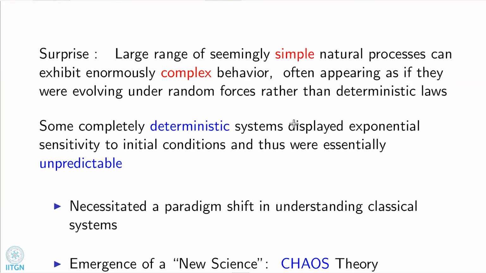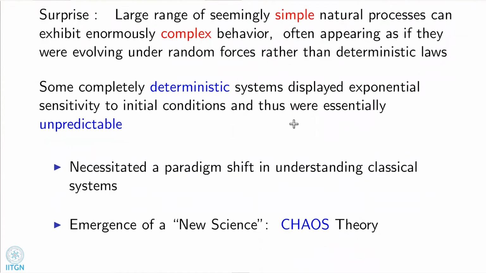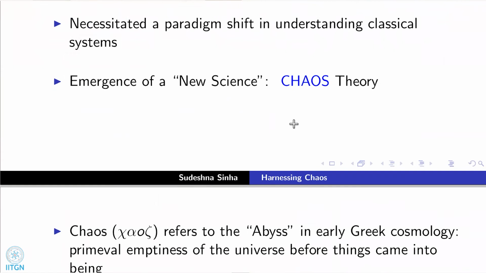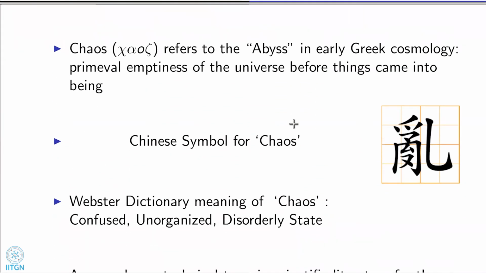So this really necessitated a paradigm shift in understanding classical systems, and led to a whole lot of fairly rigorous study, which could be called a new science of chaos theory. What I find somewhat interesting here is that there is a little bit of sociology too, because chaos has enormous common usage, especially in India.